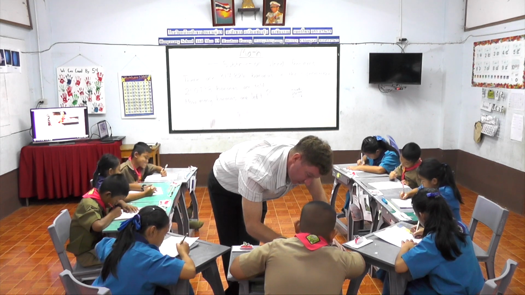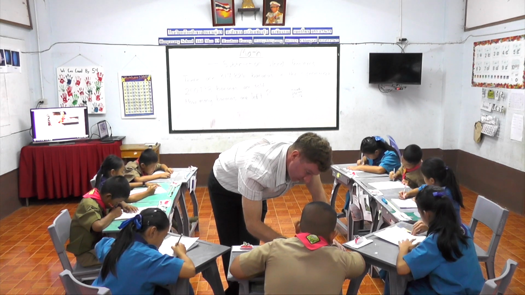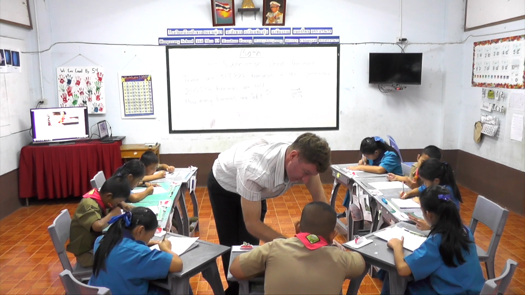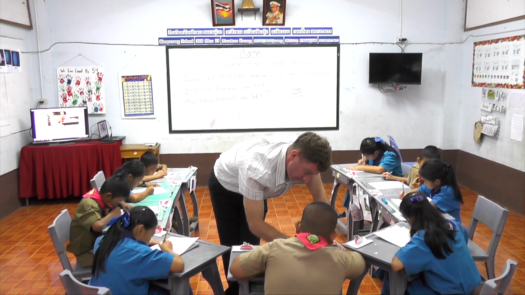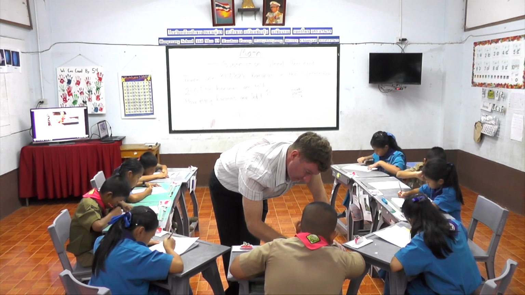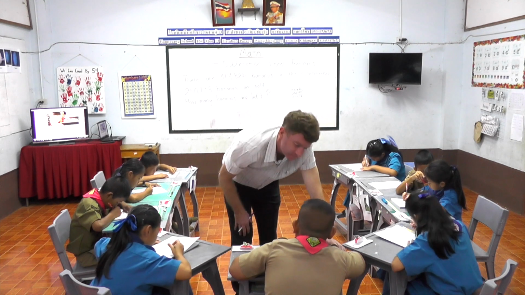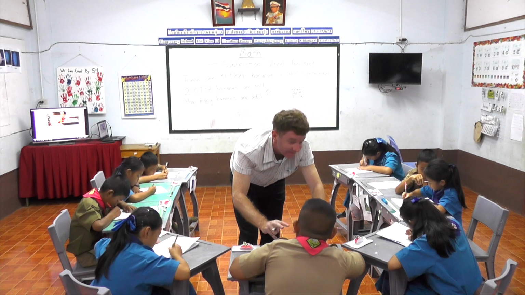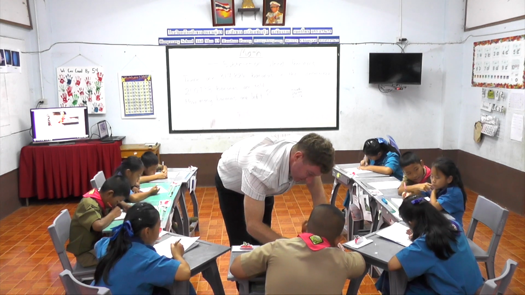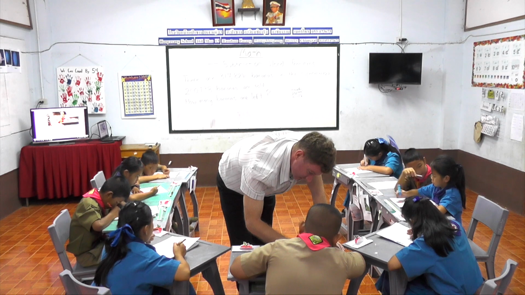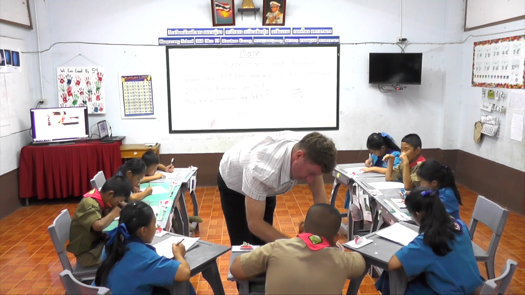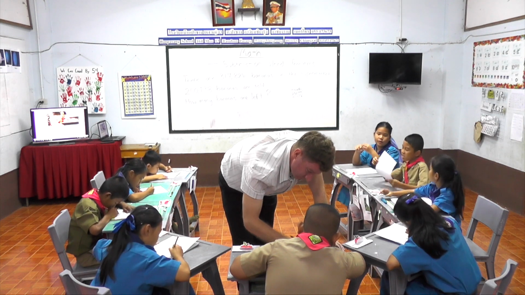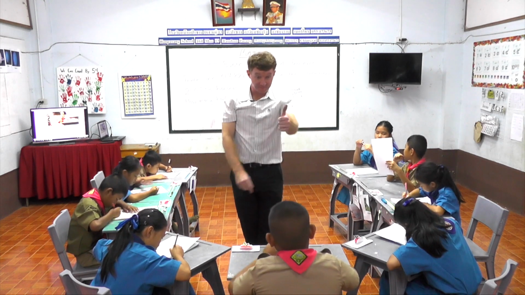So 14 minus 9. 5. 5 minus 8. No. 15 minus 8. 7. 1 minus 6 cannot do. So 11 minus 6. 5. And then you have your answer. Excellent, well done.